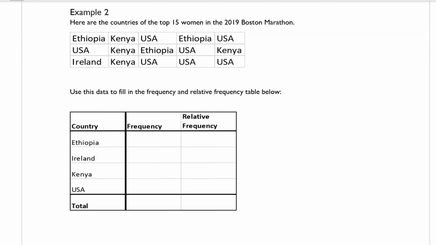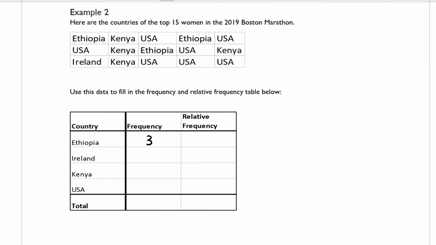So up above, we want to count the number of women of the top 15 placed that come from Ethiopia or are representing Ethiopia in the Boston Marathon. So we have 1, 2, 3, and that looks like that's it. So that's going to be 3.